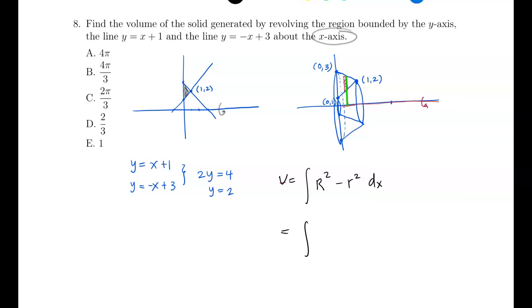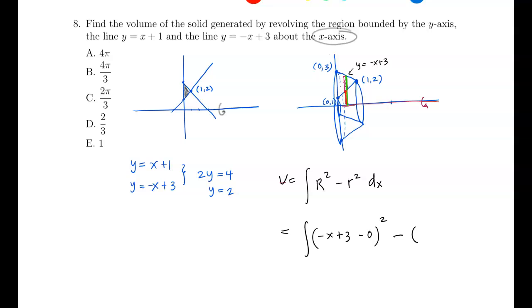So top minus bottom. What is the function at the top? The function at the top is the line y equal to negative x plus 3. So you have negative x plus 3 minus the bottom, which is just 0, and then you square it. Minus the inner radius. The inner radius is this radius here.